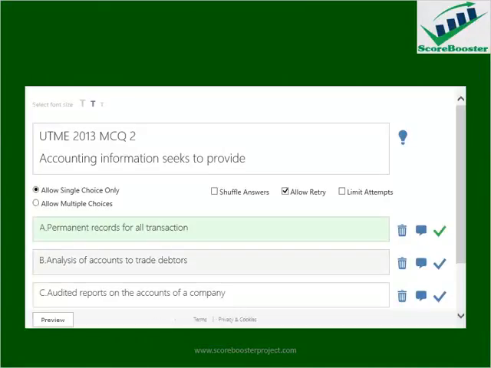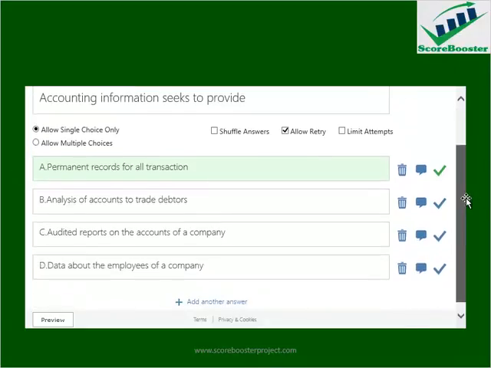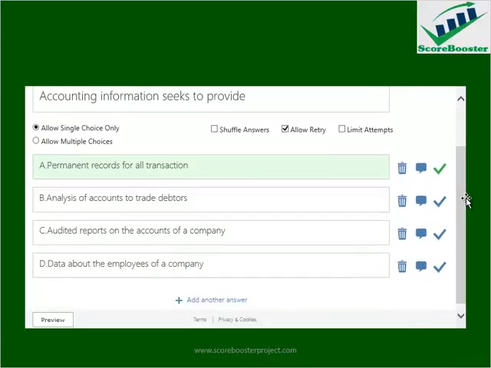You take note of some of these examples, and it is also for you. I've told you, I've done mine. You can also look at it. I have two questions here. This one is UTME 2013, question number 2. The accounting information seeks to, you must be able to tell us the correct answer here. We have the options permanent record, analysis of record. We have seen a question like this before.